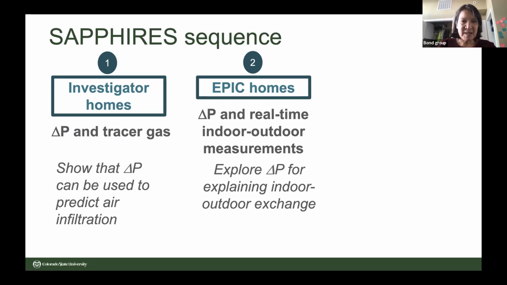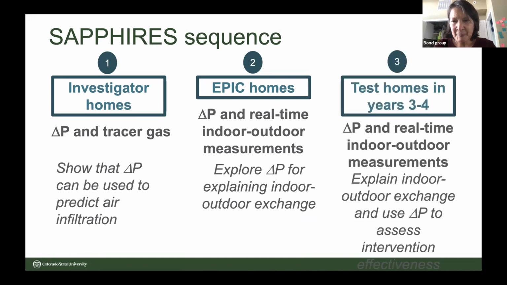And what we would do as Sapphires is add delta P measurements. Then using some of the same equations, explore how well we're able to explain indoor-outdoor exchange. So these are our long duration measurements again, and instead of tracer gas, we'll look at the indoor-outdoor measurements of traditional pollutants that are already being made.